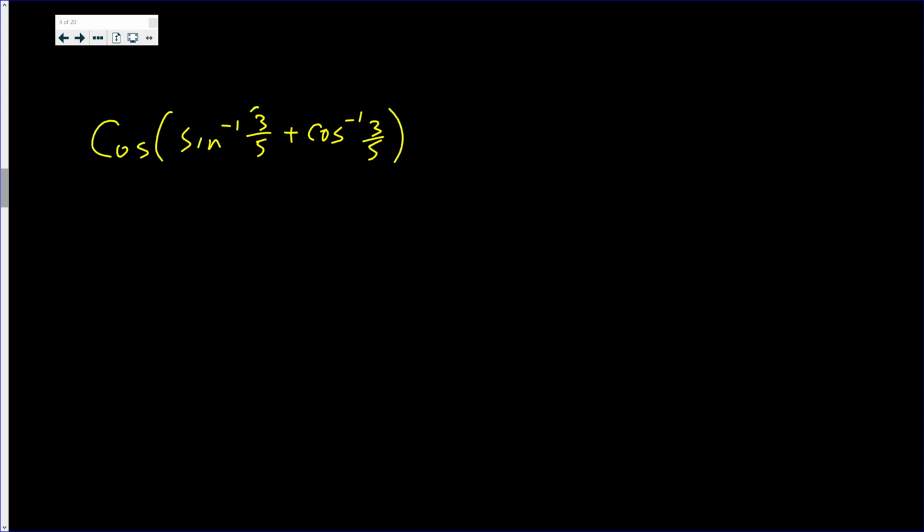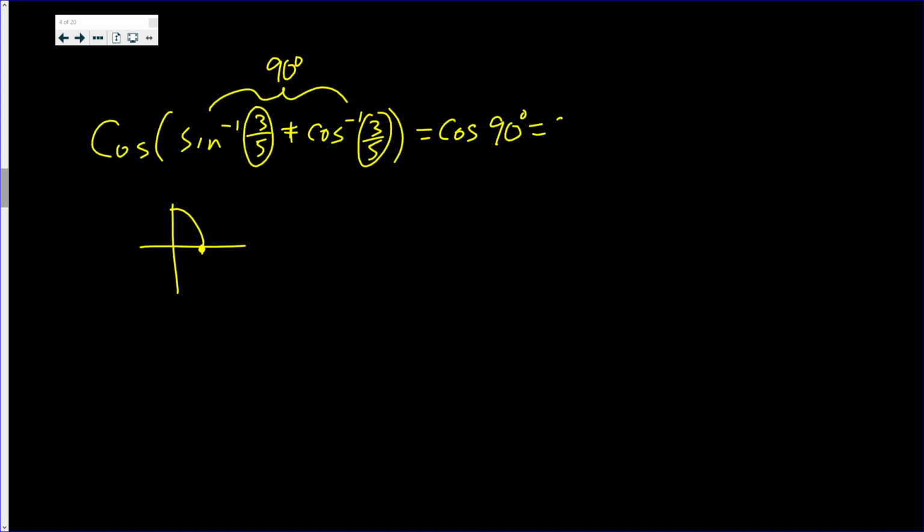Since I'm taking the sine inverse of the same number that I'm taking the cosine inverse of, and I'm adding them up, this will be 90 degrees. And the cosine of 90 degrees is 0. This is 0.